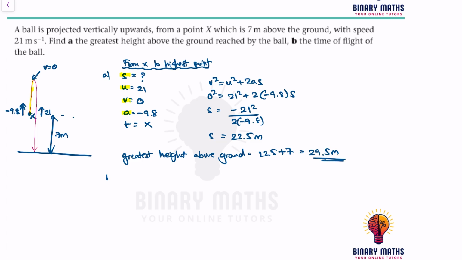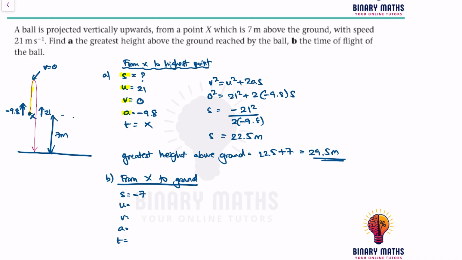Okay, part B, the time of flight of the ball. So that means from X to ground. So the whole journey. Okay, so again, we have to set up SUVAT. Now, because the ball ends up in the negative direction, falling below the point X by 7 meters, the displacement is negative 7.